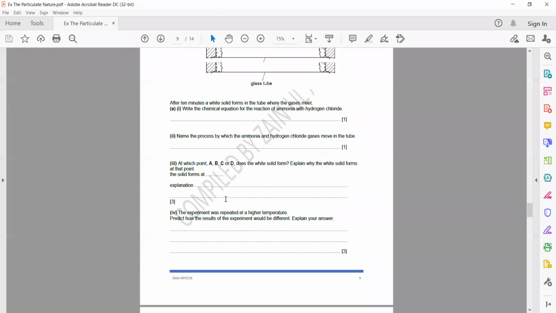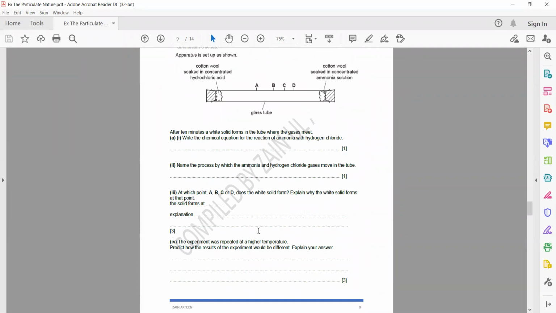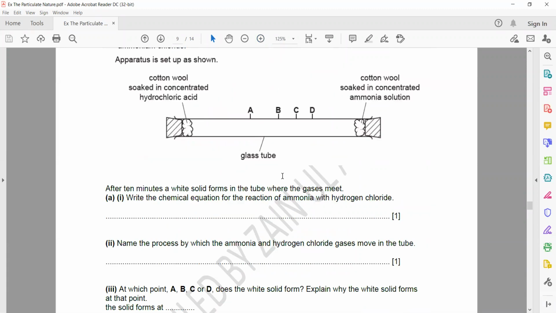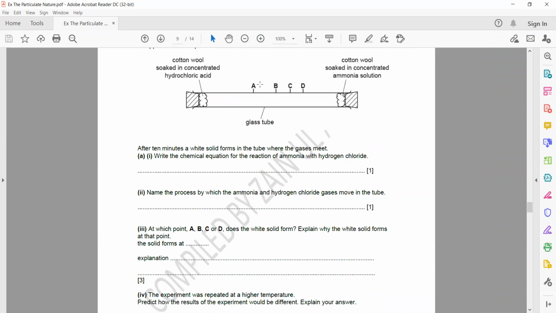Then the fourth part: the experiment was repeated at a higher temperature. So what we did, we increased the temperature. Predict how the results of the experiment would be different, and it's worth 3 marks.